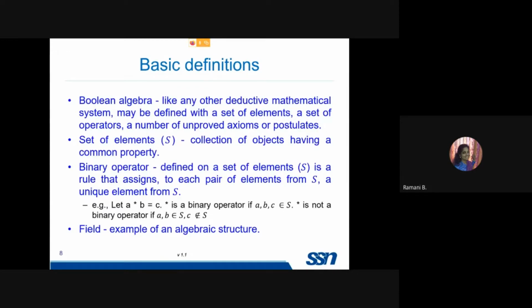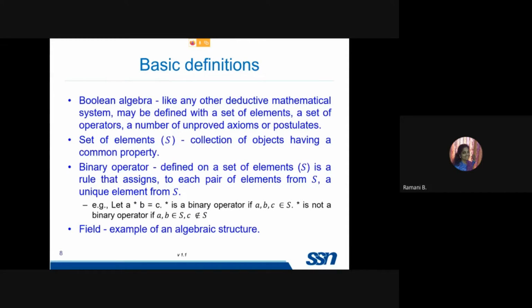And then the binary operator. What is an operator? It is defined on the set of elements, a rule that assigns to those elements. For example, if we are performing A star B and getting a C, I am not mentioning anything about the values of A, B, and C, or what the star operator actually does.